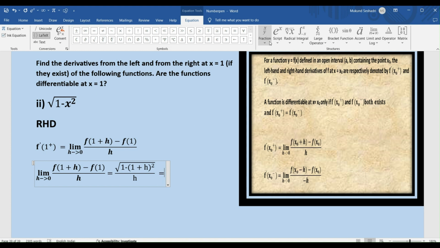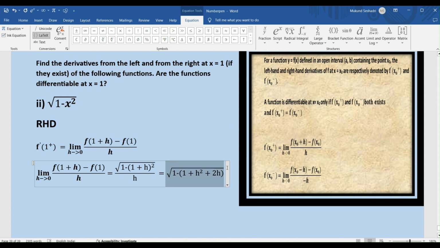I think I can further expand my RHD, right? What is my 1 plus h the whole square? It is 1 plus h square plus 2h, right? So let me write that out: 1 minus, in brackets, h square plus 2h, right?